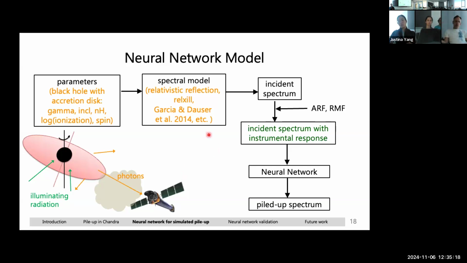And then the particular spectral model that I'm using is Relxill. But this model is fairly generic. We believe that for other astrophysical sources, you could substitute in the parameters and spectral model that you want to use.